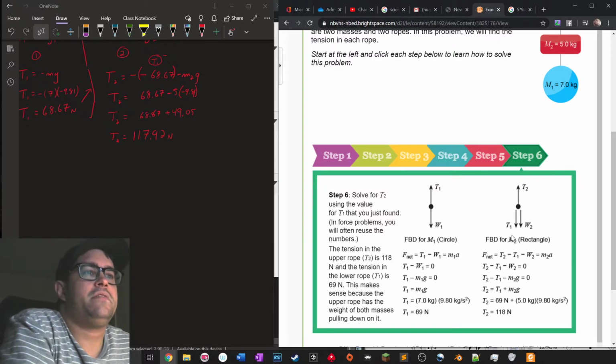What they're saying is, they're just looking at magnitudes. The magnitude of T2 is equal to the magnitude of T1 and W2, and your F net would be T2 minus T1 minus W2. But every time you got to use 9.8 as your acceleration.